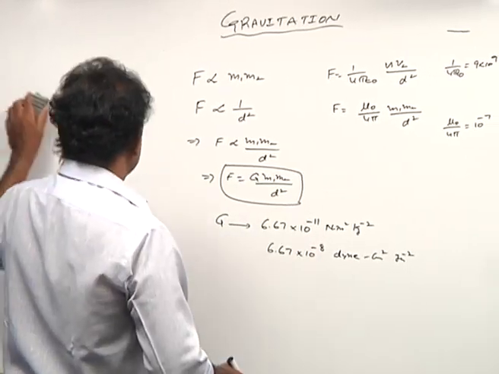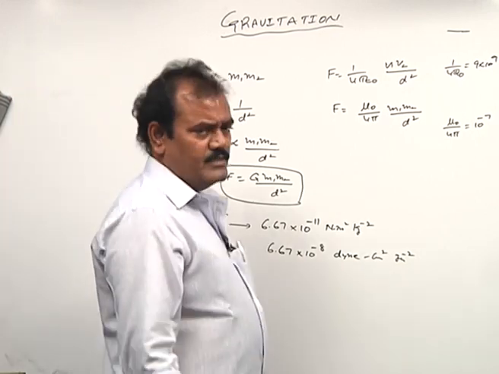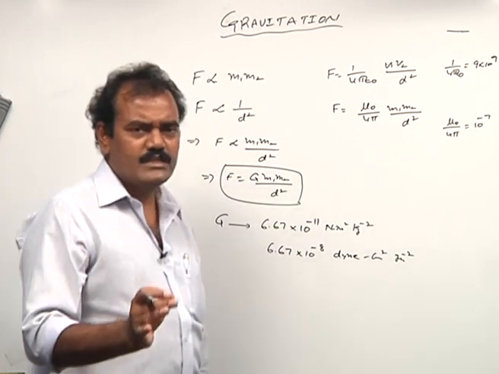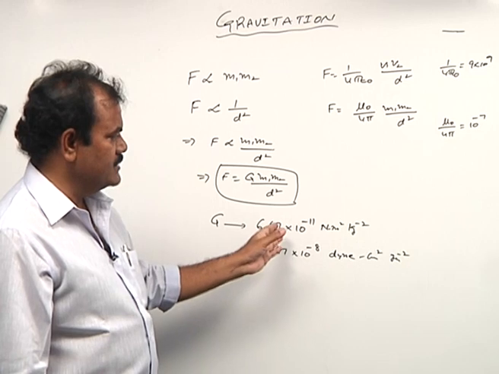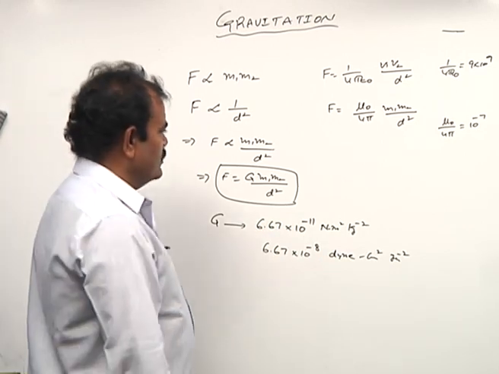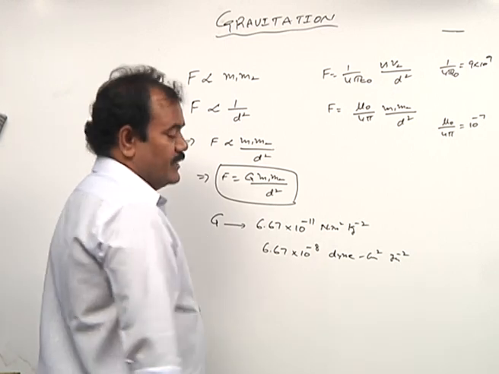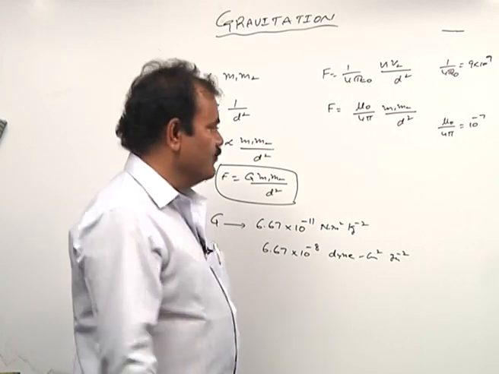Intensity of gravitational field means the force experienced by the unit mass at a point in that gravitational field. That's why intensity of gravitational field varies from point to point.